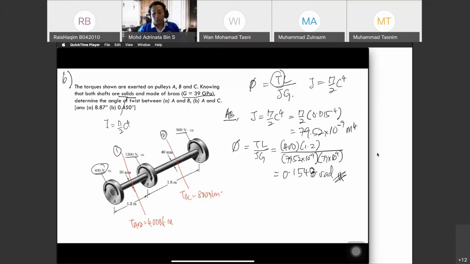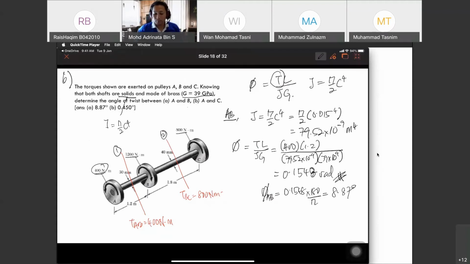So from this, convert to degrees: tau AB is equal to 0.1548 times 180 divided by pi, which is equal to 8.87 degree. Okay, tau AB.